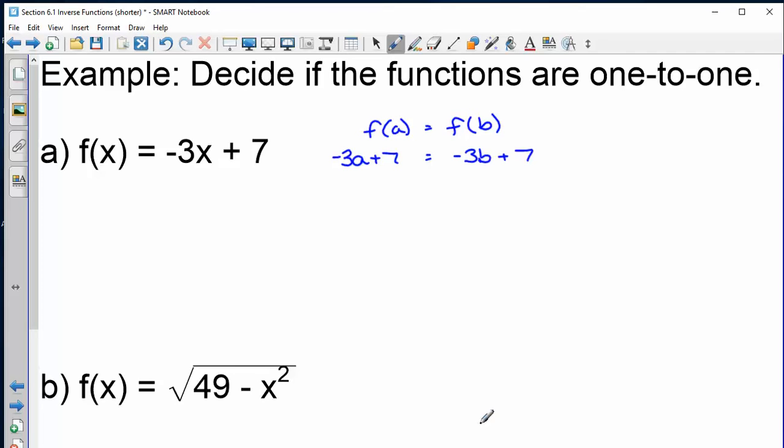Now we solve for a. To get a by itself, what would you do? Subtract the 7, which would cancel it on both sides. And then those would cancel, and I get a equals b. So I pretended I got two different y's, and what happened is my x's have to be the same. So if you get a equals b at the end, that means yes, it is one-to-one.